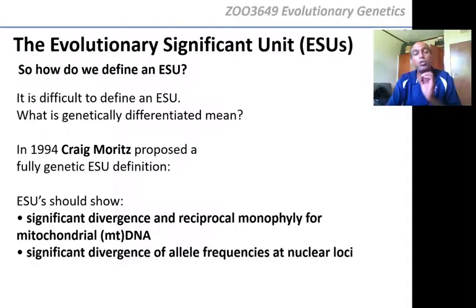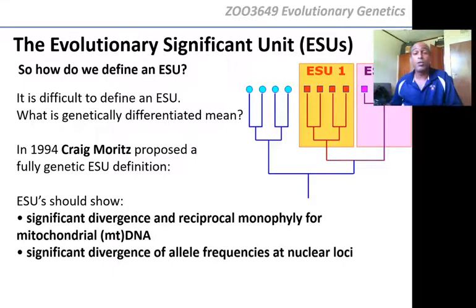So those are the two priorities to define an ESU. If you have a gene tree that looks like this, you have at least 3 ESUs. You've got ESU1, which is this monophyletic clade, ESU2, which is this monophyletic clade, and here you have another monophyletic clade, which could be ESU3. So this is a perfect definition of an ESU.